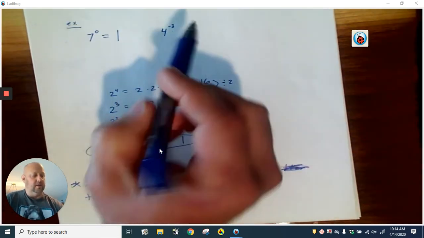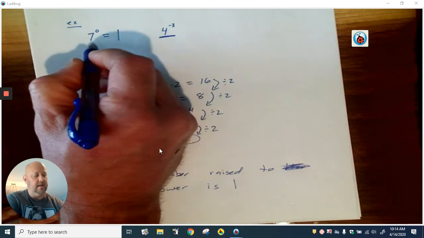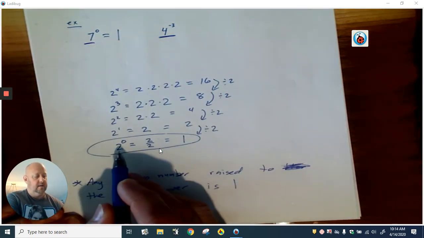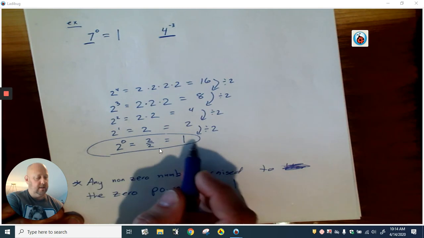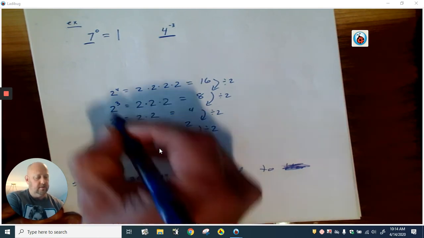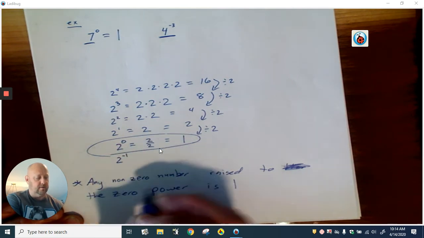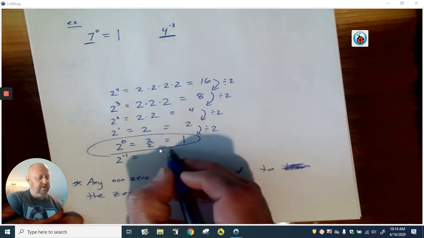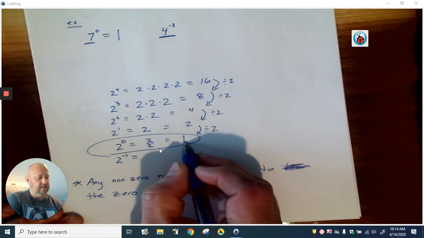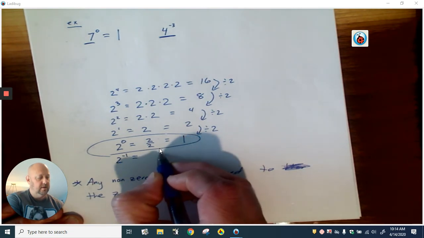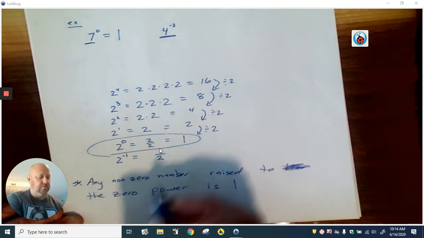Now, I'll talk about 0 in a second. But to keep going, to deal with a negative exponent, okay? If we keep this pattern going again, we can go into negative exponents, like 2 to the negative 1 power. Well, if we keep that going, we just say this is 1 divided by 2.